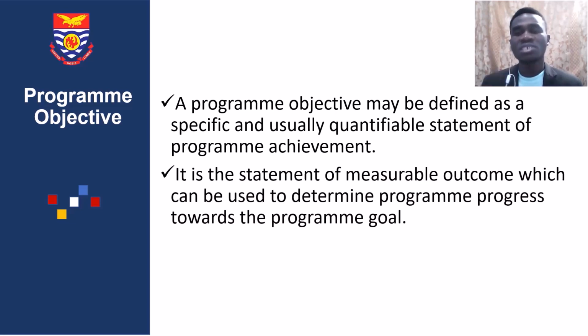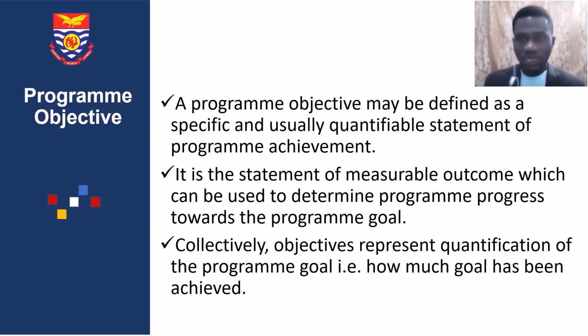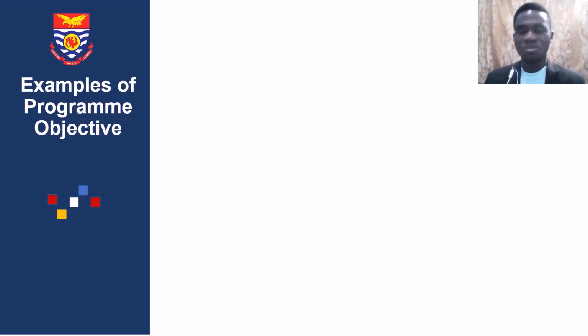It is a statement of measurable outcome, which can be used to determine the progress towards the program goal. Collectively, the objectives represent quantification of the program goal. That is, how much of the goal has been achieved. Now, let's take a look at examples of program objectives.